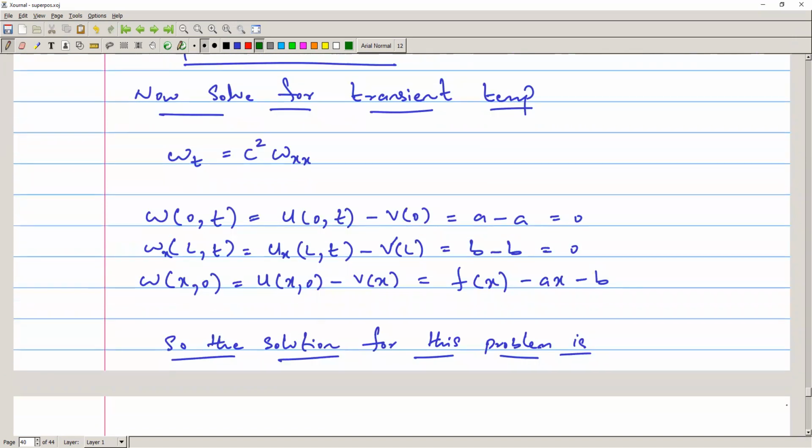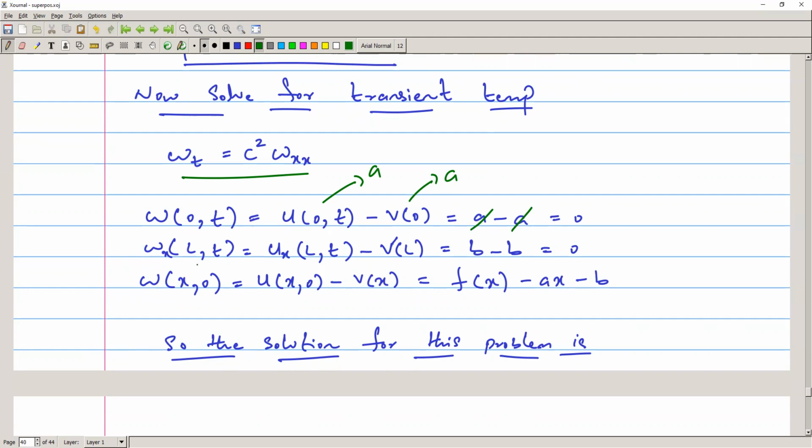So now the equation will be reduced to this form, and the boundary conditions will also be homogeneous, right? Because w(0,t) = u(0,t) minus v(0), and u(0,t) we already know is a, and v(0) is also a, so a minus a will be 0, this will cancel out.